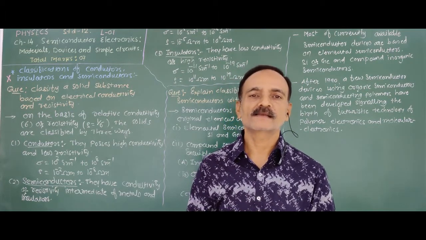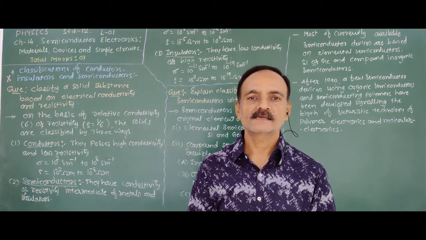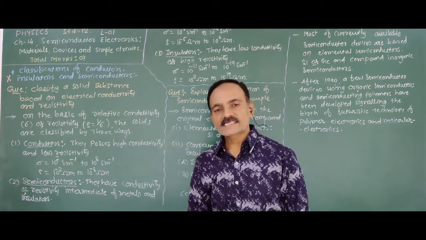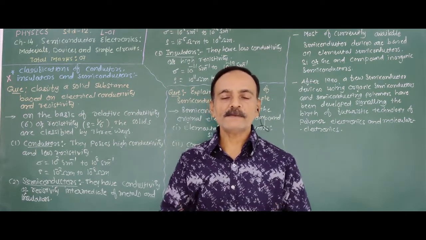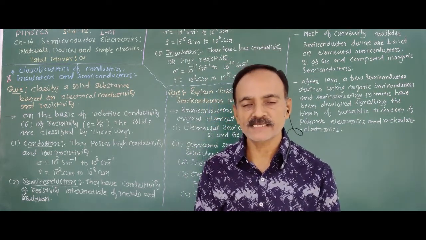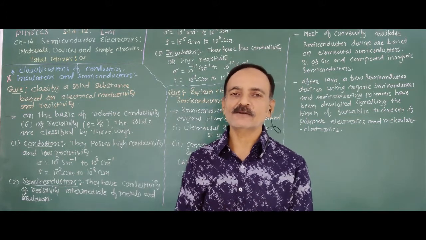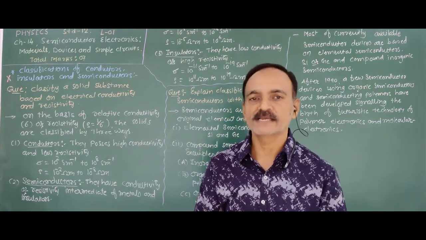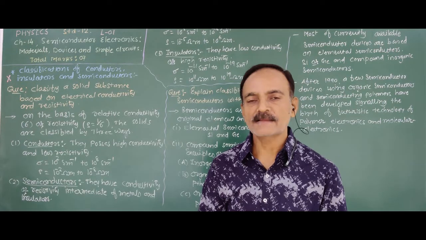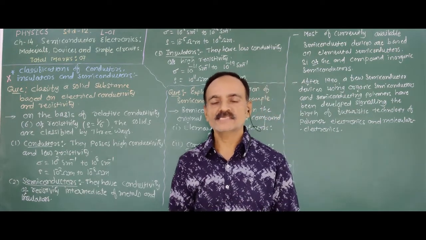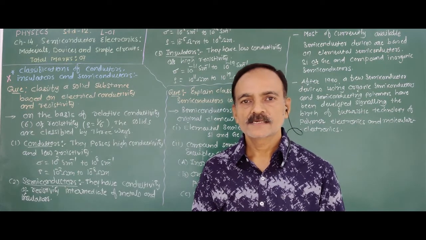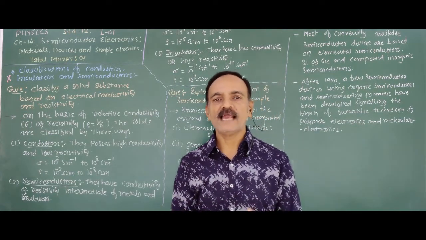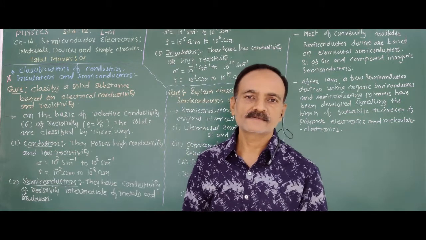At STP, that is normal temperature and pressure, if free electrons are absent in a material or metal, then this material acts as an insulator. And the metal that has some free electrons at STP acts as a conductor.